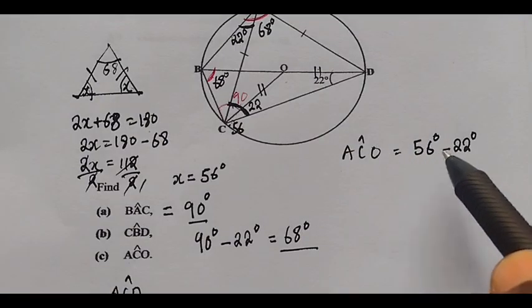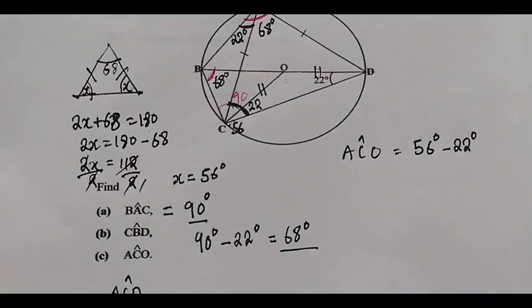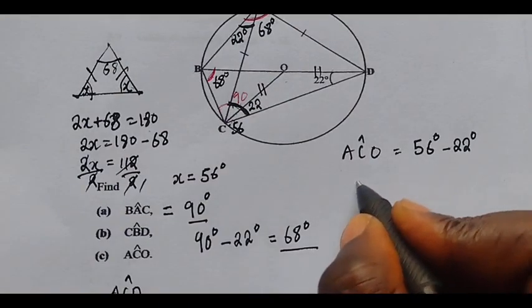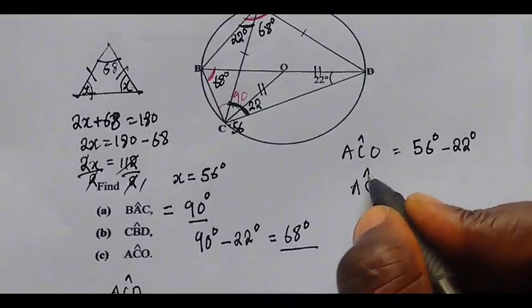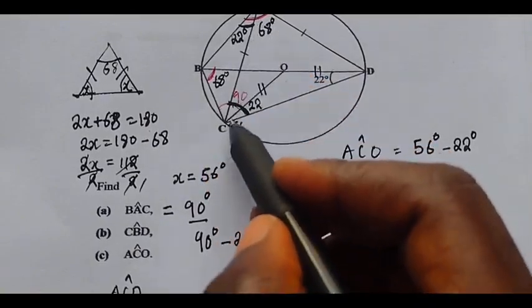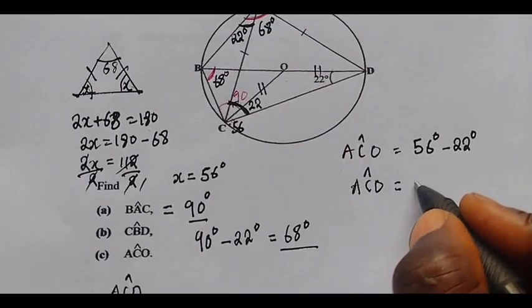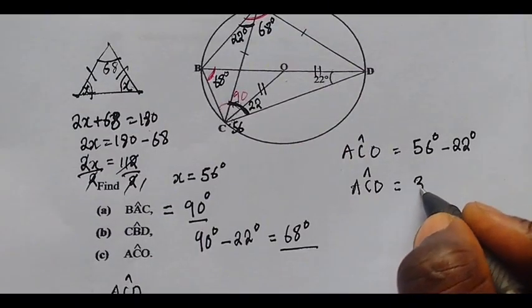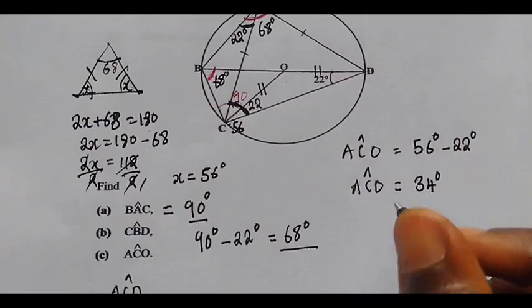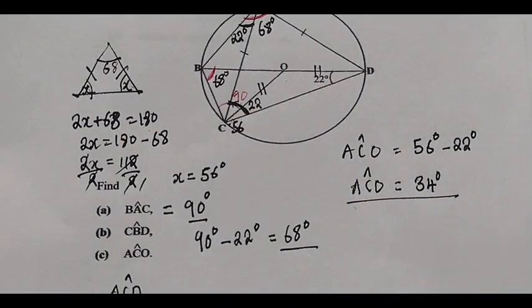Then we are going to have ACO, the angle which will remain here, equal to 56 minus 22. This is going to give us 34 degrees. So this is our answer.